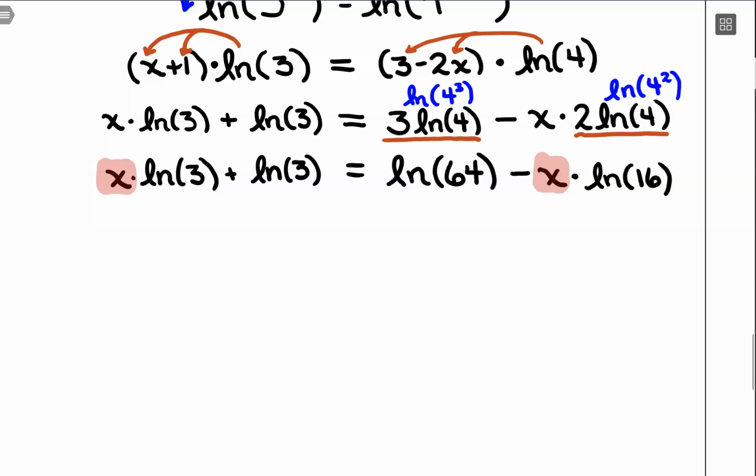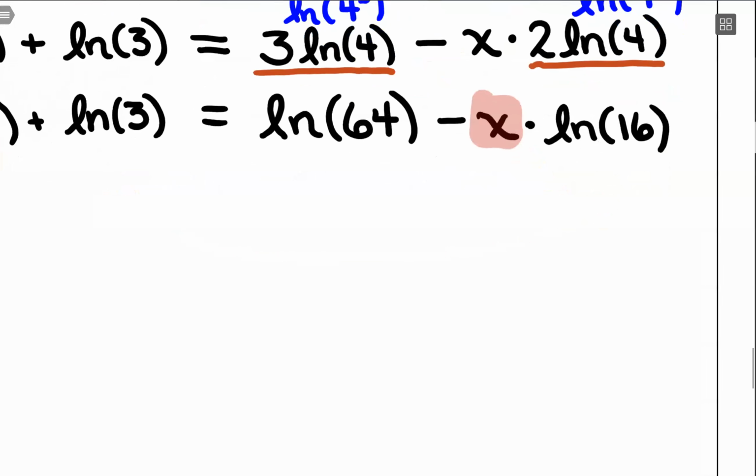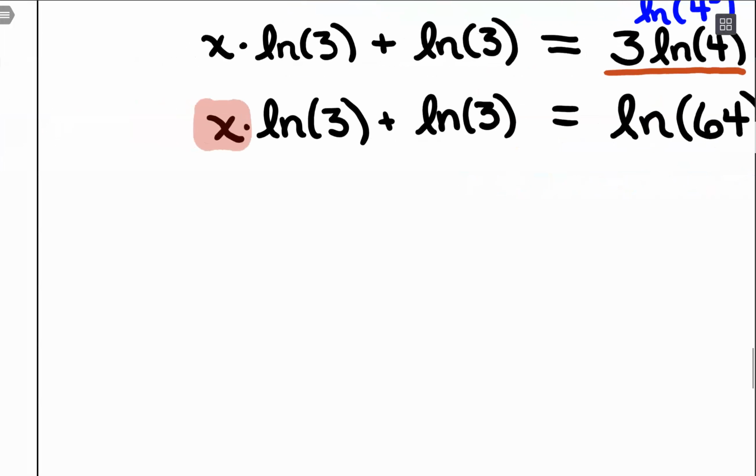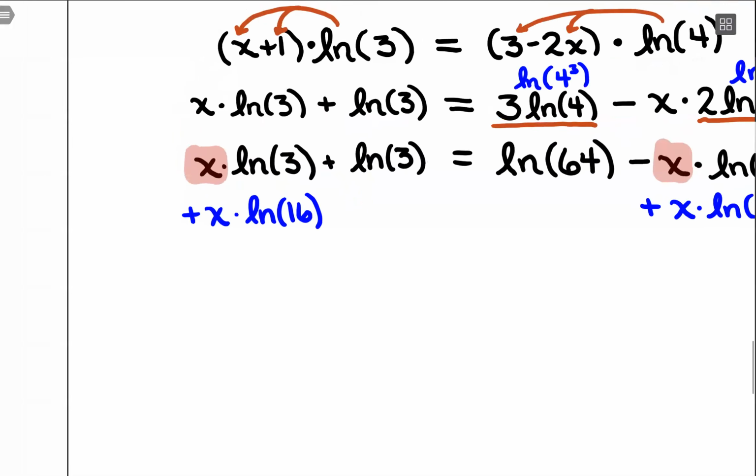But just like with linear equations, if you moved x natural log of 3 to that side, you'd get the same answer out. So what I'm going to do is add x times natural log of 16 to both sides of the equation. So we'll have that taken care of.